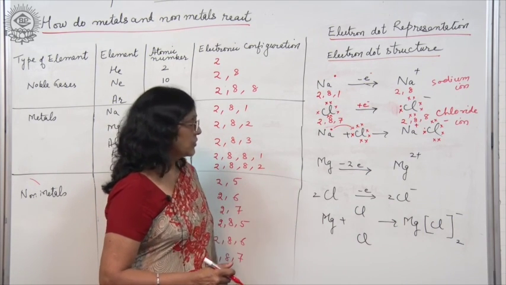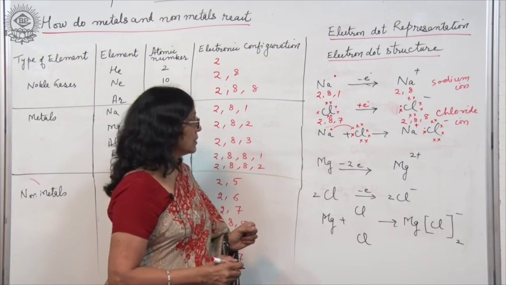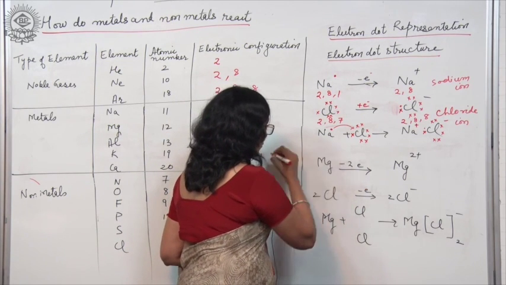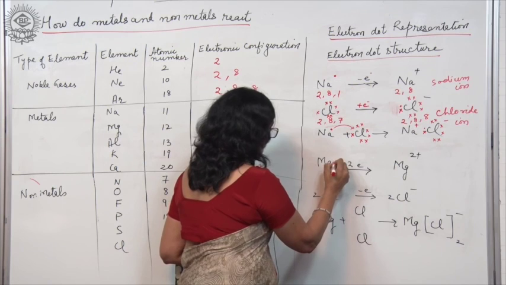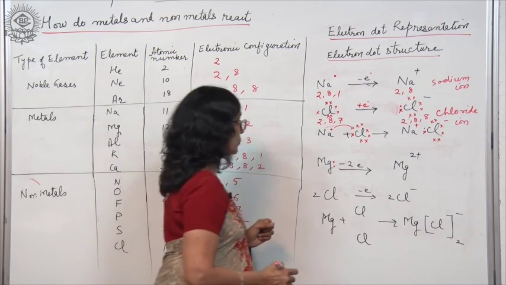We can also discuss the case of MgCl2, magnesium chloride. Magnesium, you have seen earlier, has 2 valency electrons.